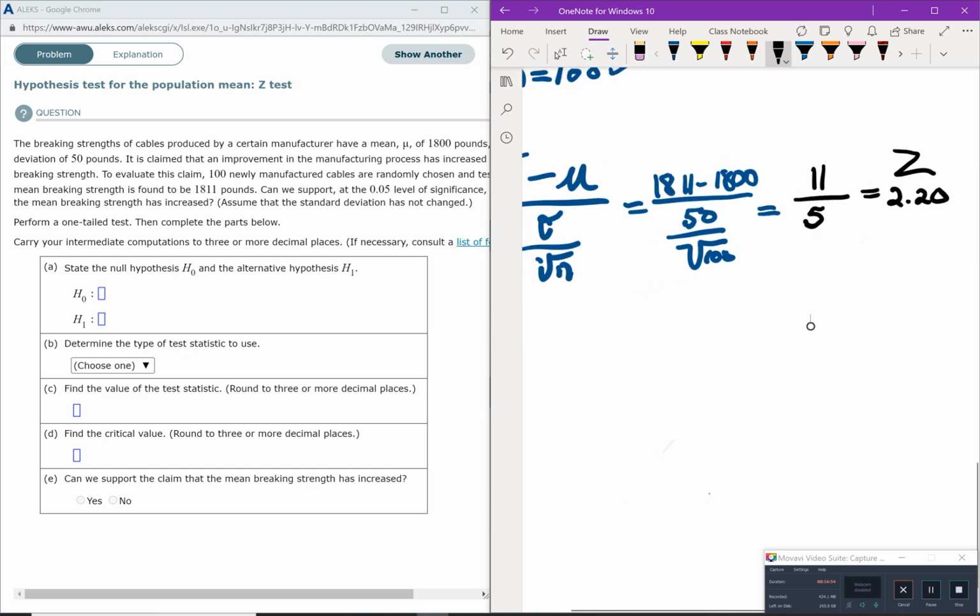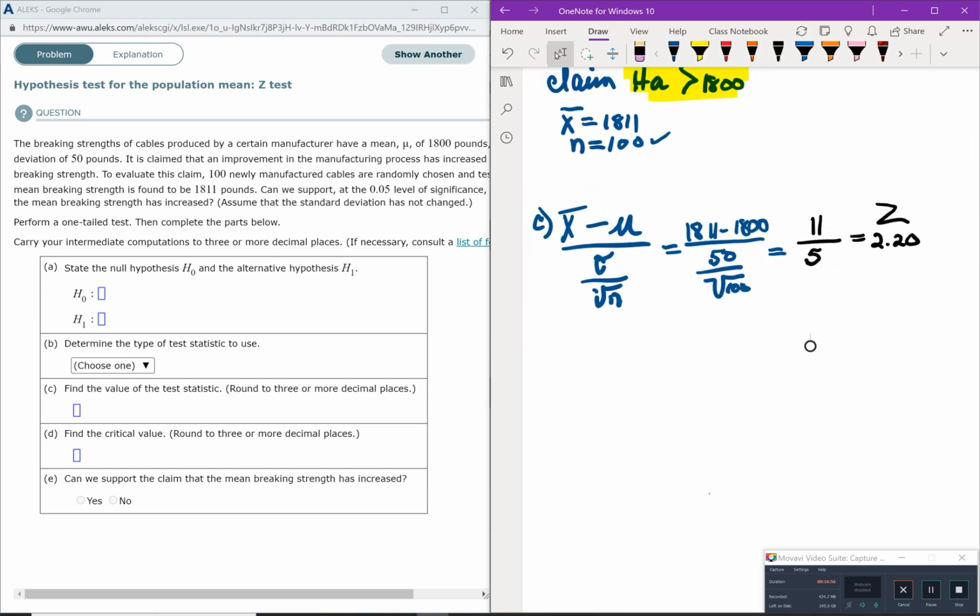Now, keeping this in mind, remember that for part D, find the critical value, we're going to do inverse norm or NORM.S.INV in Excel. If you use Excel, you're going to do NORM.S.INV, and you're going to put in the point. It's greater than, so 0.95. It's a directional hypothesis, obviously greater than, directional one-tailed.